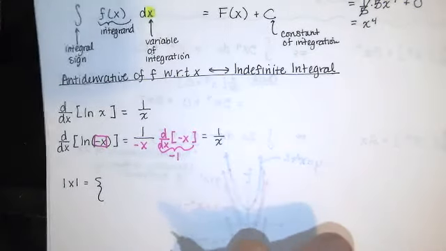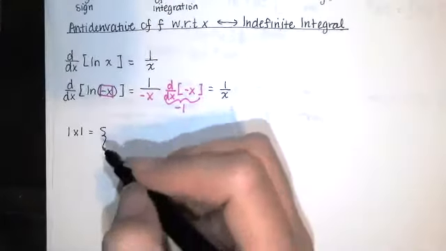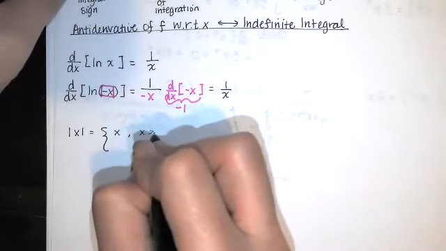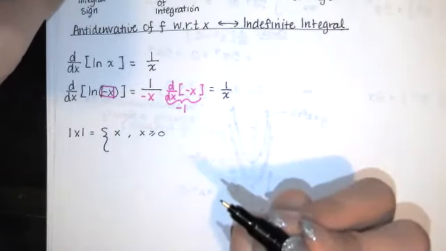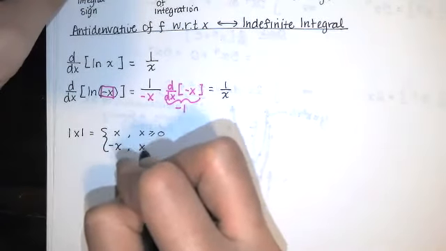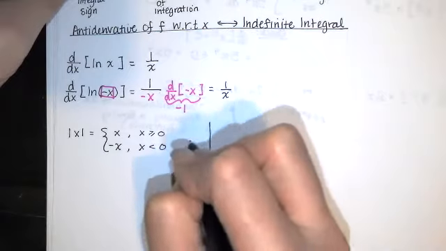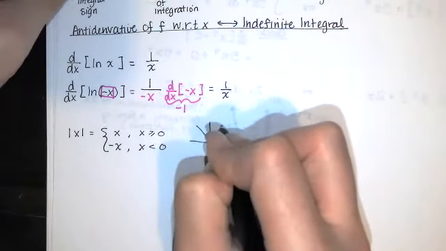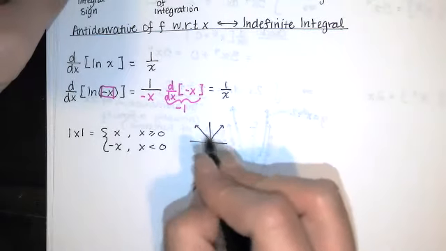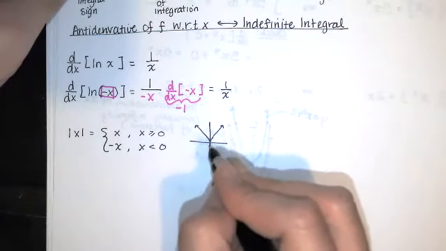Absolute value of x. It has that V shape if you look at its graph. Absolute value of x is x when x is greater than or equal to 0. And it's negative x when x is negative. It looks like that. On this side, that's the graph of y equals x. On this side, that's the graph of y equals negative x.